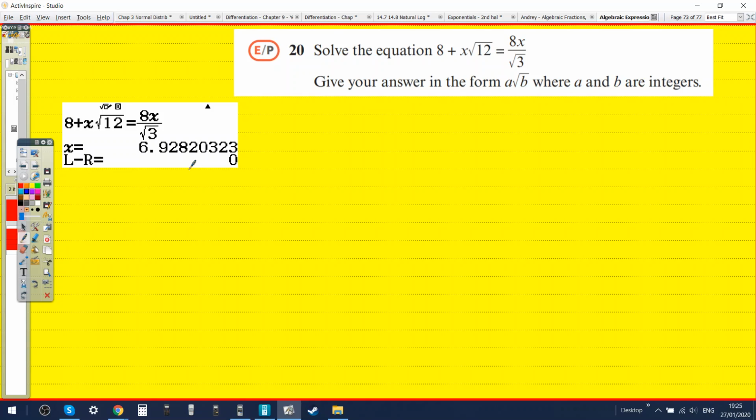Okay, so does that mean x to the root 12 is just 8 plus x times 2 root 3? You'll have root 3, but we can't really do that. So multiply both sides by root 3. What do you get?